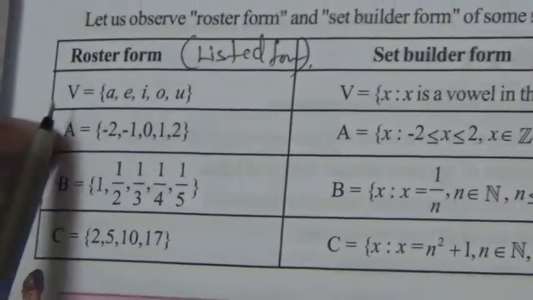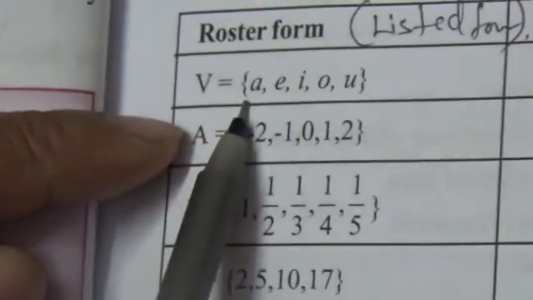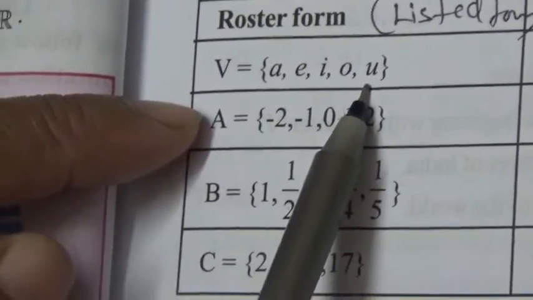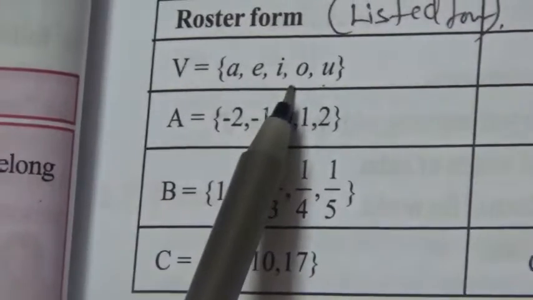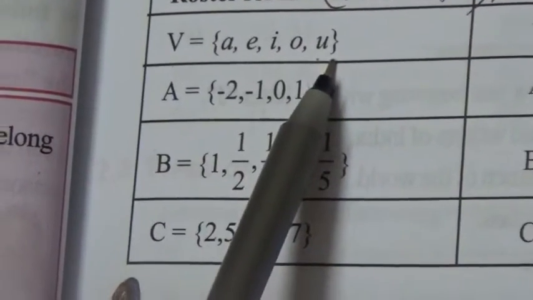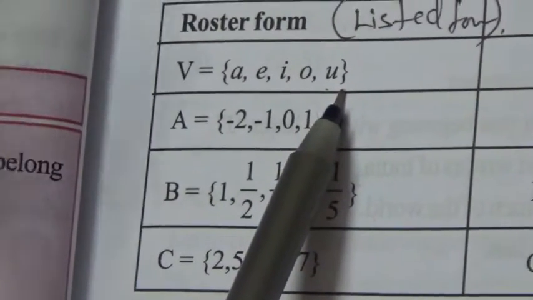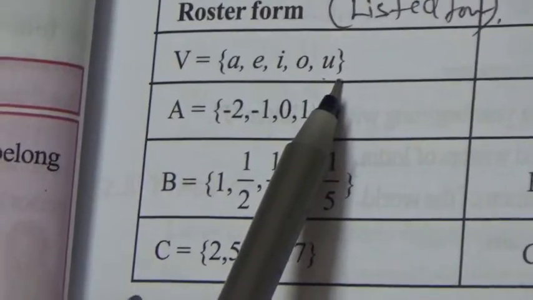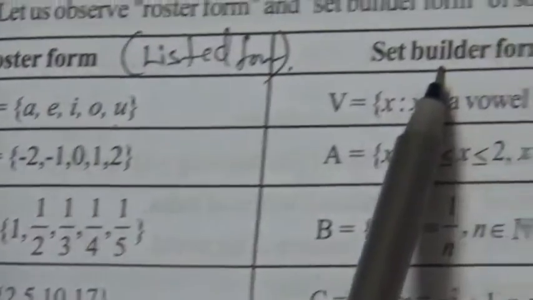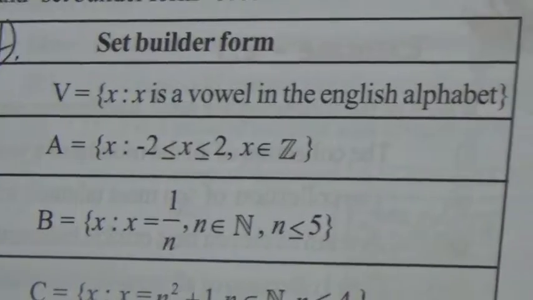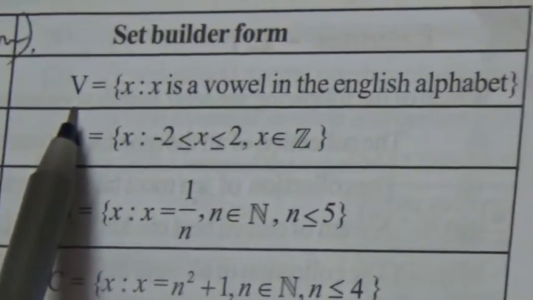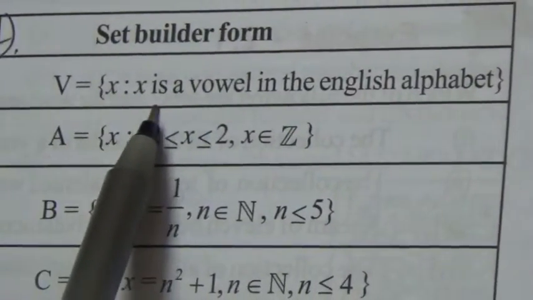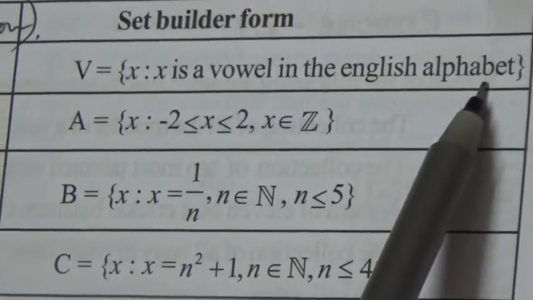So here in the box, V is equal to A, E, I, O, U. What are these elements? That is the vowels of the English alphabet, right? So in the set builder form, how can we convert this listed form into set builder form? V is equal to set of x colon x is a vowel in the English alphabet.